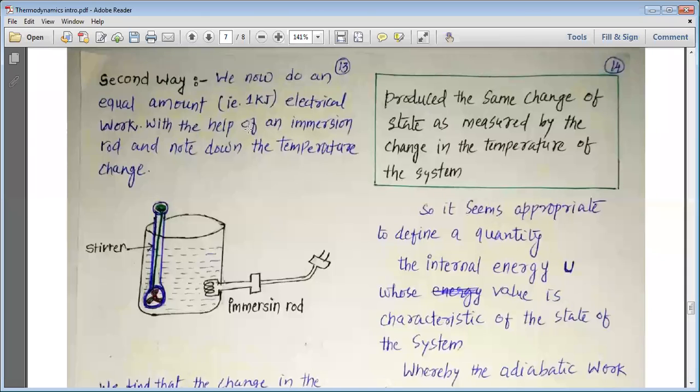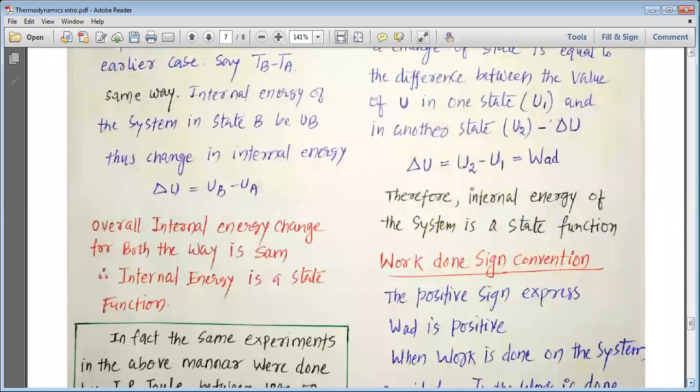In the second way, my dear students, we do some electrical work. So the immersion rod is put into the water. We have a stirrer so that we can move the water, so water can be heated equally. And then we change the temperature of water from TA to TB. So once again the temperature difference is TB minus TA, and the change in internal energy is UB minus UA.